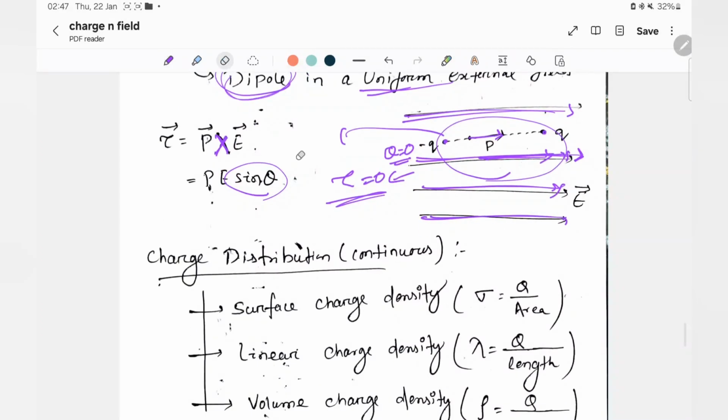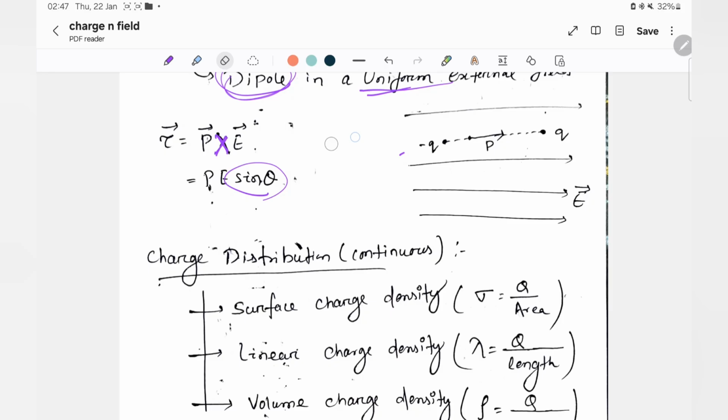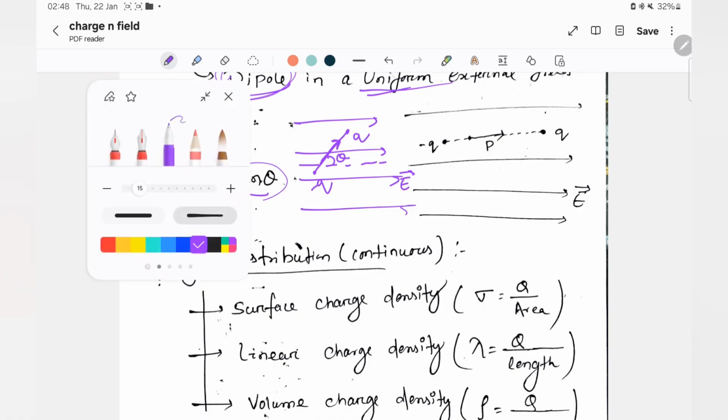Okay, so we need to take another example. Here is an electric field. Now we put a dipole like this. This is minus q and this is plus q. Now what will happen here? This is the electric field. The dipole moment direction will be from minus q to plus q, right? So here is the dipole moment, here is the electric field, and this is theta. So this dipole will try to turn itself in the direction of the electric field.